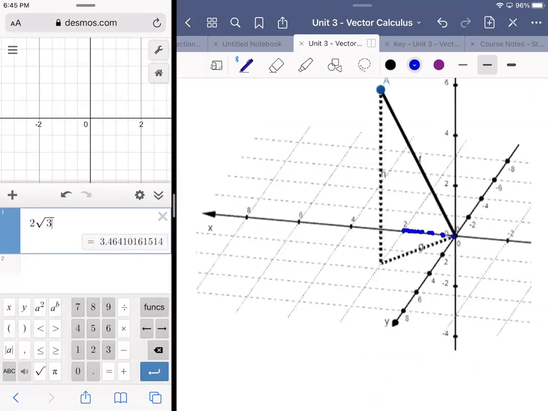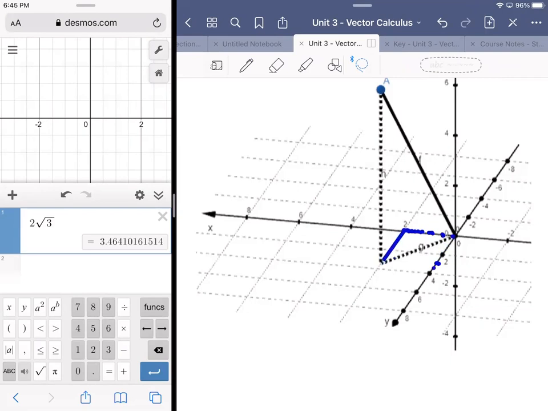If I'm going 2 radical 3, I'm going around 3.5. So here's where 3 would be. 3.5 would be about right here. That's this distance roughly. Yeah, kind of in the neighborhood of that base point.